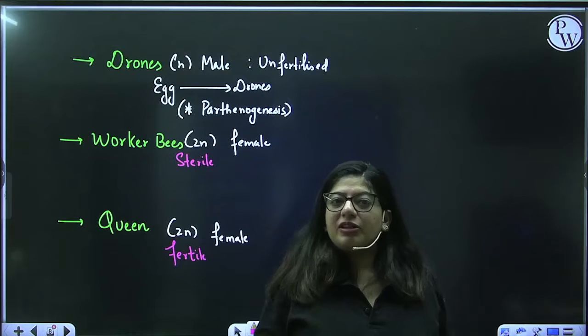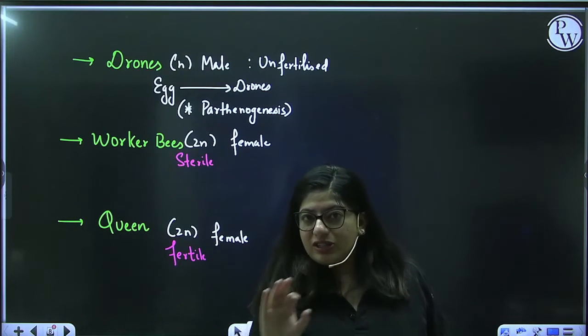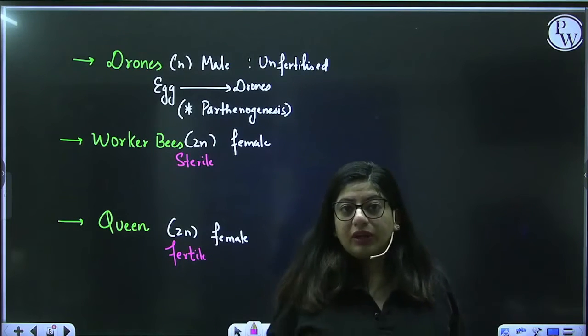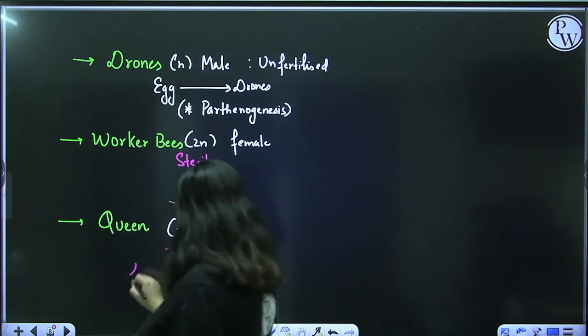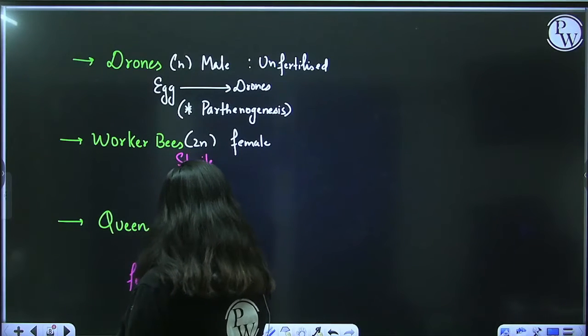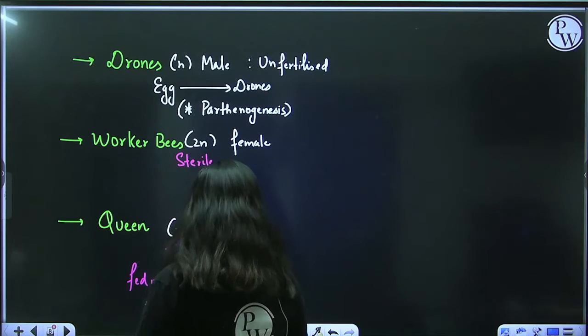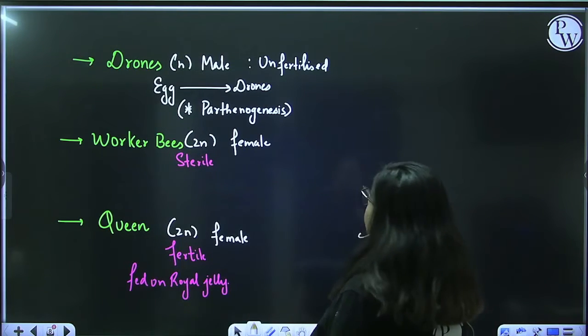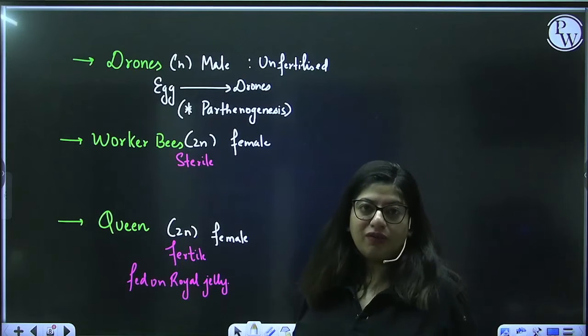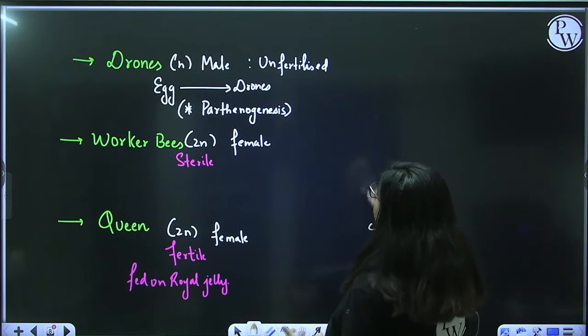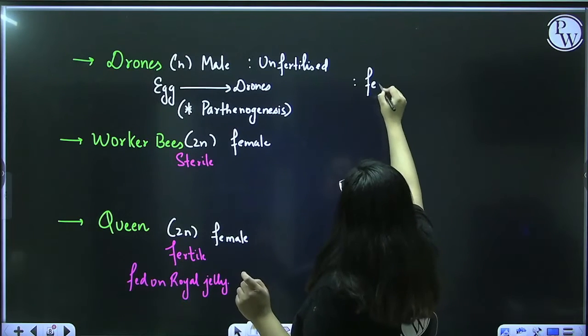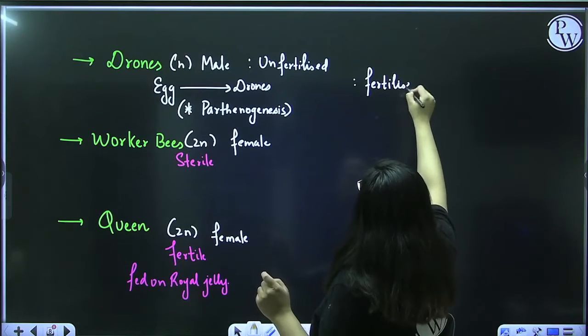The other females who have not been fed on royal jelly will not become queen. So queens are fed on royal jelly. So that's why they are fertile. Their ovaries developed better. Fine. Now the male, what is their role in the colony of honeybees? Their role is just one. They fertilize the queen and they die.